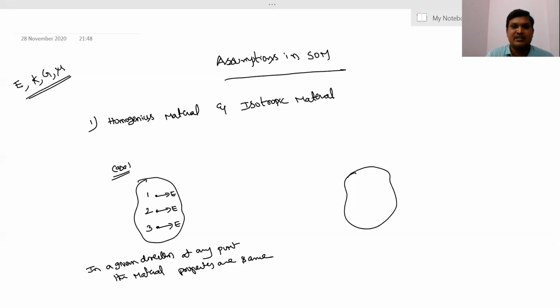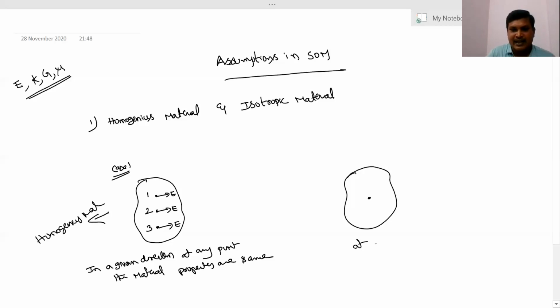So in a given direction, at any point, if the material properties are the same, it is called a homogeneous material.